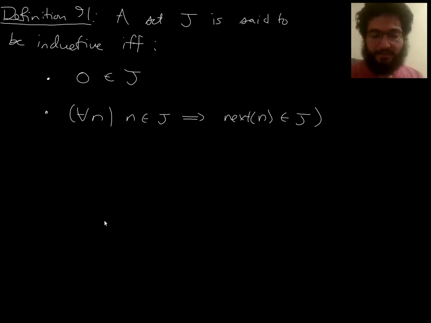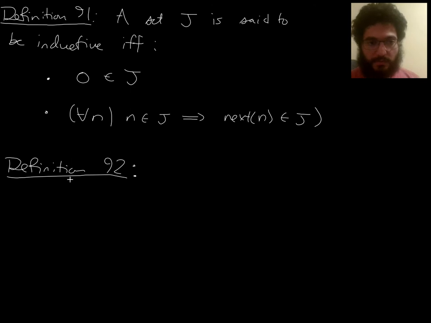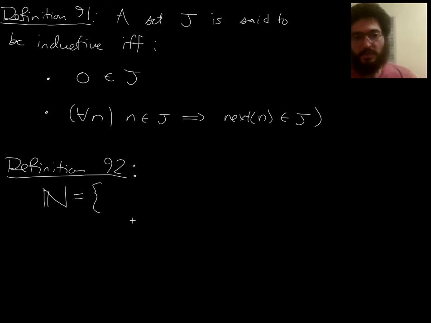So here comes the definition. This is definition 92. N, this new constant that we've introduced, is defined to be the set of things that are necessary for a set to be inductive. So remember, inductive means contains 0 and is closed under succession. If you take the successor of any element, then you get another element of the set. And N is going to be the set of things that are necessary for being inductive.